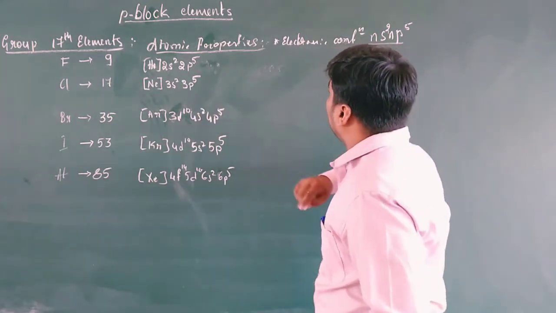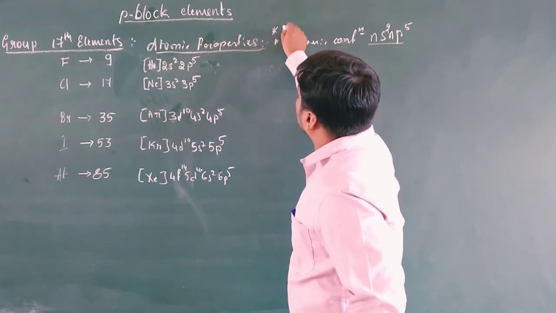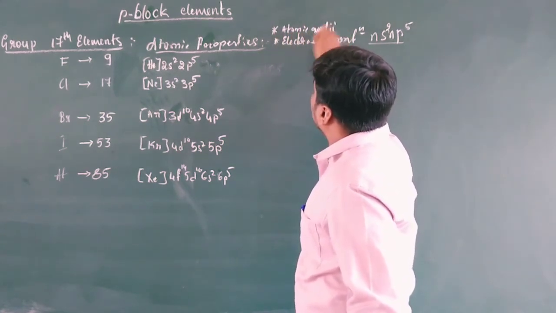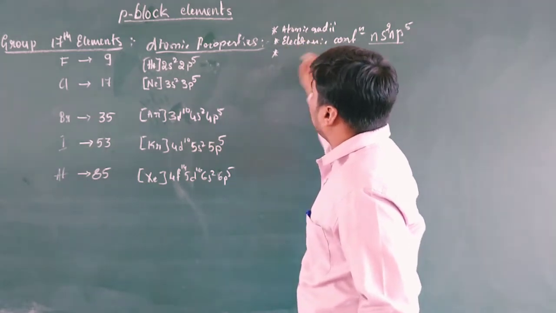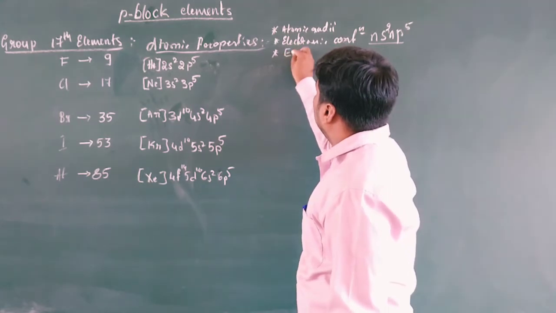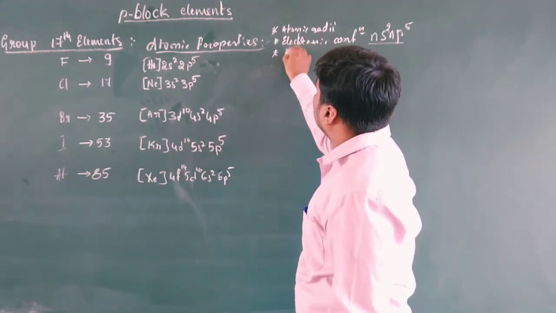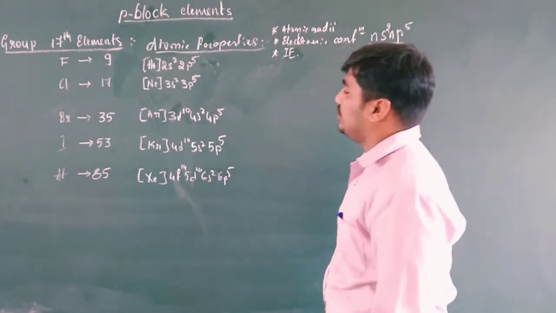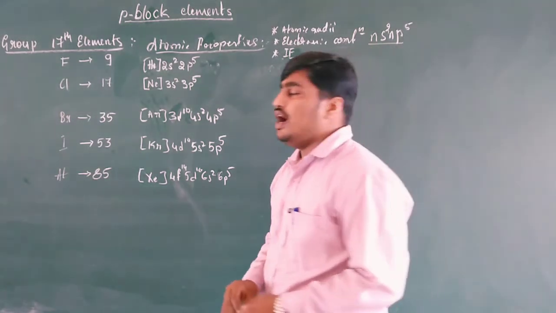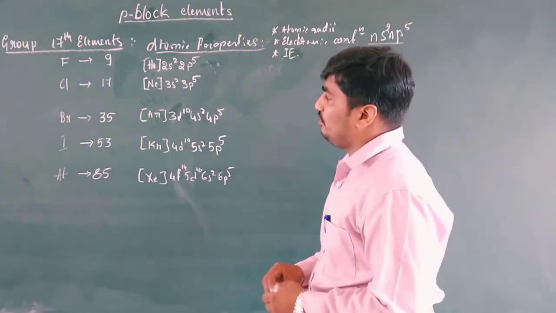Next, based on the electronic configuration: the first property was atomic radii, the second electronic configuration, and the next is ionization enthalpy. What is the ionization enthalpy of these elements?